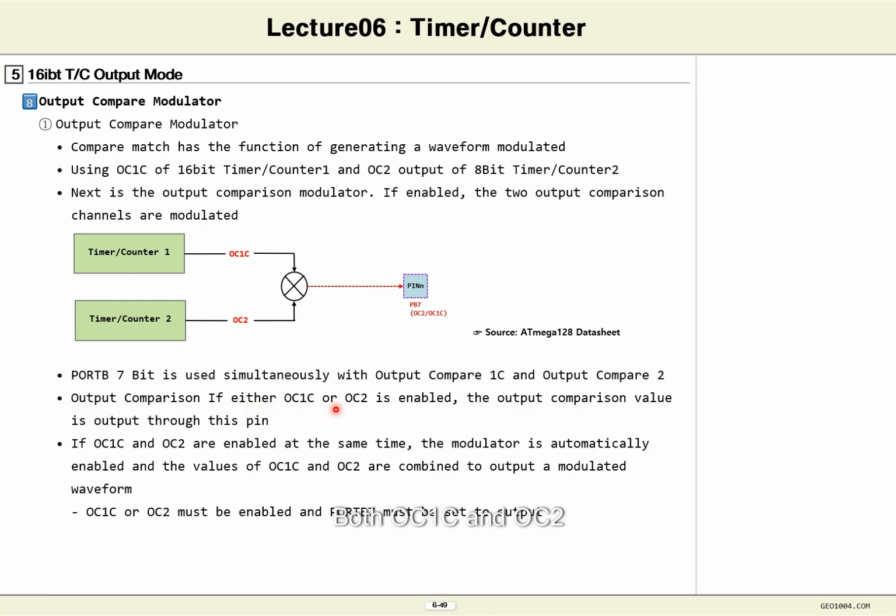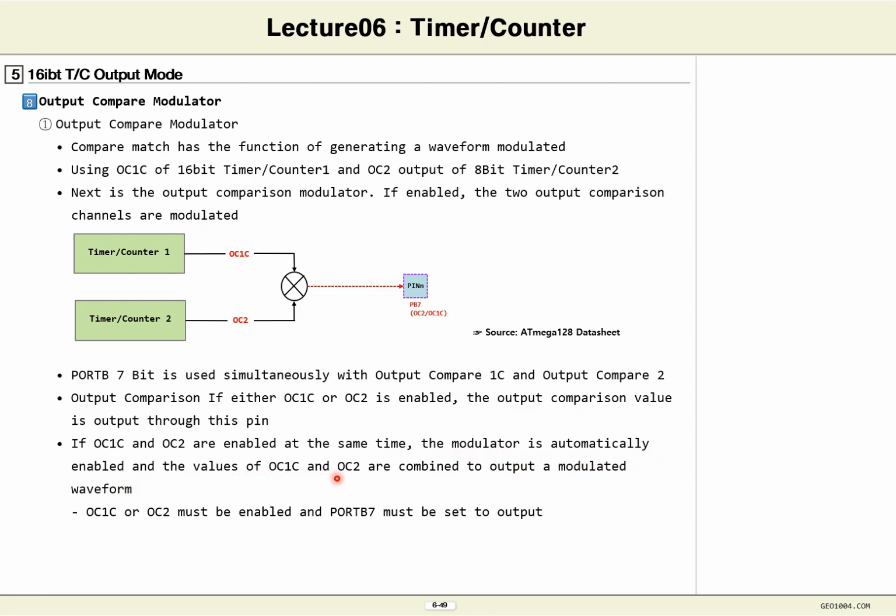Both OC1C and OC2 must be set to output comparison match, and the output comparison value must be output to this pin. OC1C and OC2 must be activated at the same time.